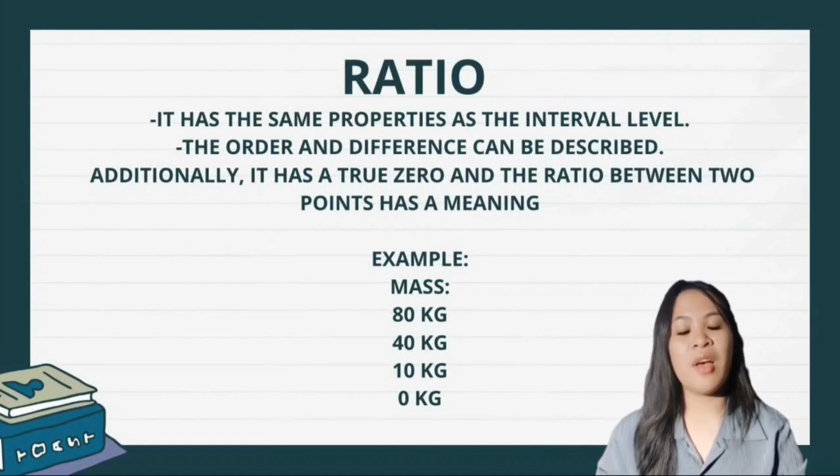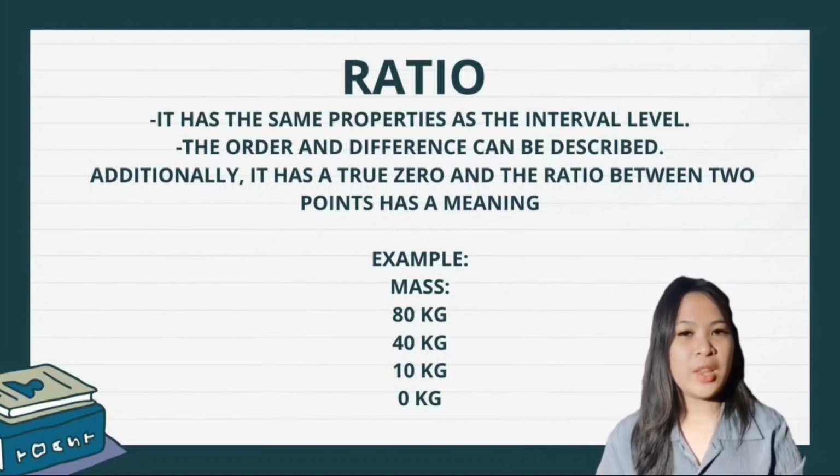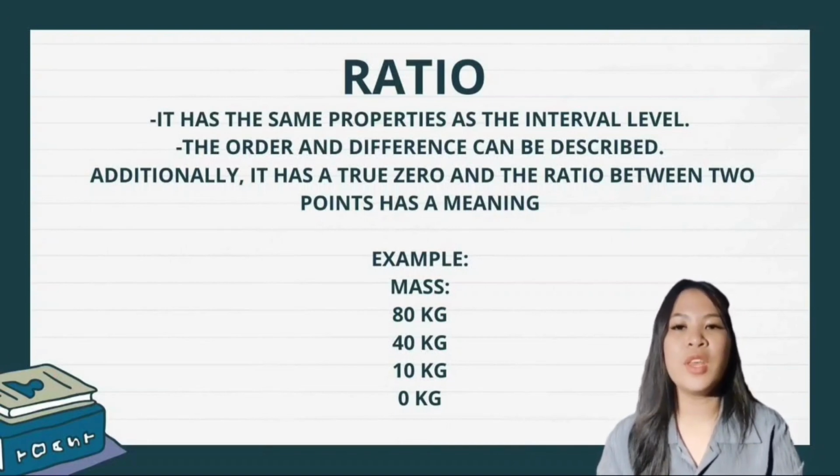Just like in this example, we cannot have a negative mass, right? We have 2 as the ratio between 80 and 40 kg, which means that 80 kg is 2 times heavier than 40 kg. And the ratio between the 40 kg and the 10 kg is 4, which means that 40 kg is 4 times heavier than 10 kg.